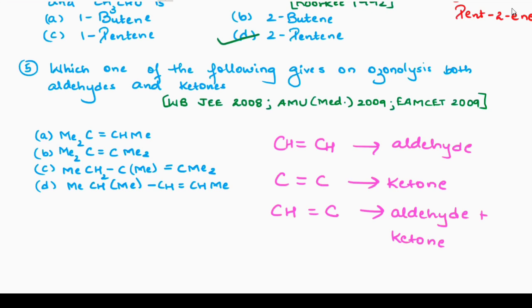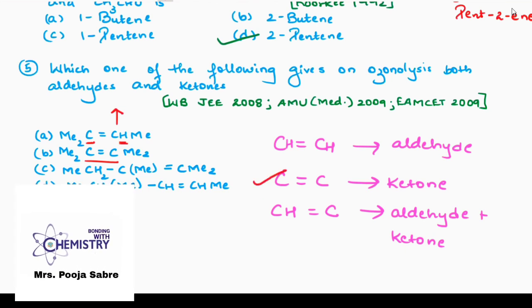So the question asked is, which one of the following gives on ozonolysis both aldehyde and ketone? Quickly look into the options. I can see that of the double-bonded carbons, one contains hydrogen and the second does not contain any hydrogen. So this can be our correct answer. It can give ketone and aldehyde. Let us have a look at the other options. For option B, both of these carbons do not contain any hydrogen, so it will give us 2 ketones.